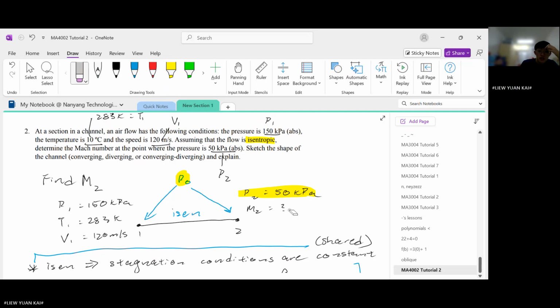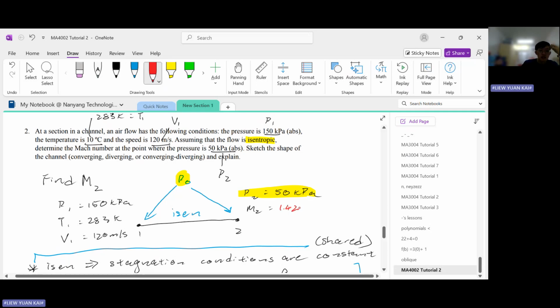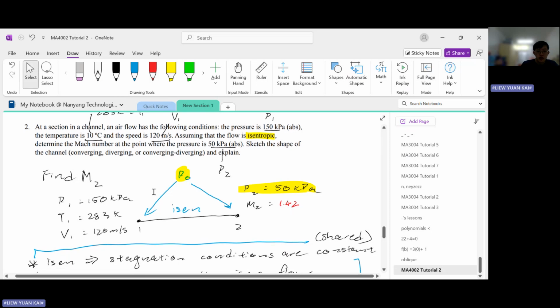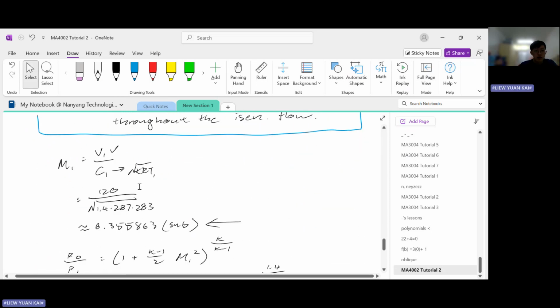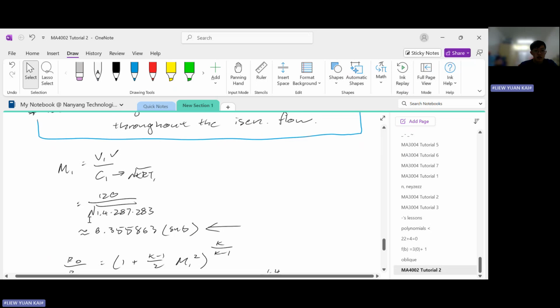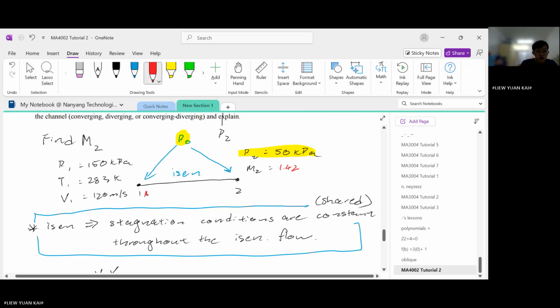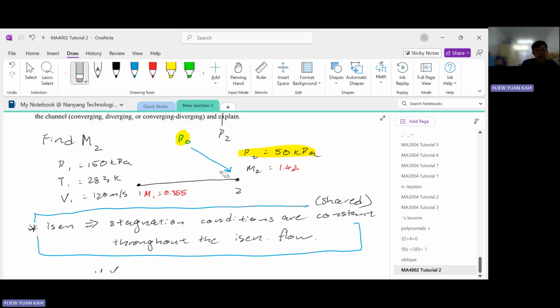Now that we know this is 1.42, we can investigate what shape is required to allow this kind of flow. Remember, the Mach number at point 1 is 0.355. At point 1, because the Mach number is below 1, this is subsonic.